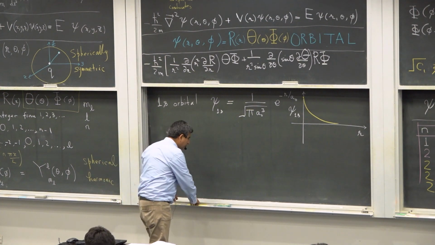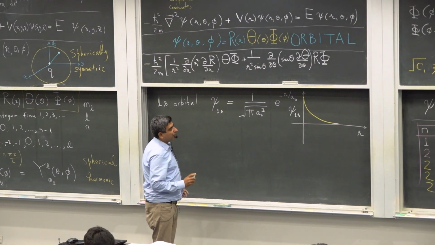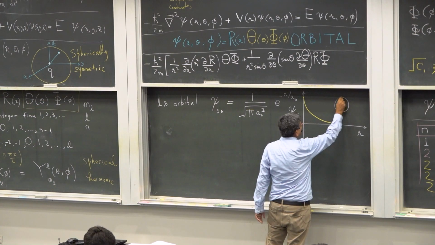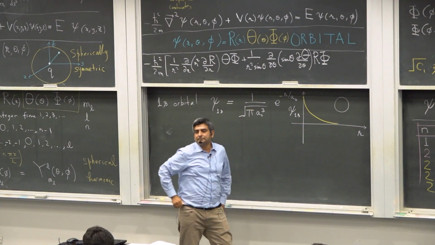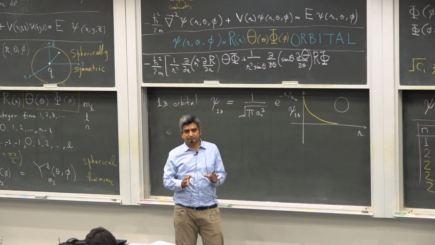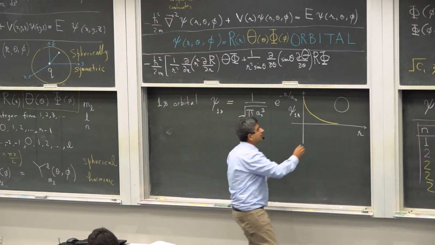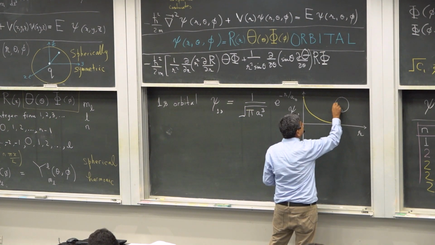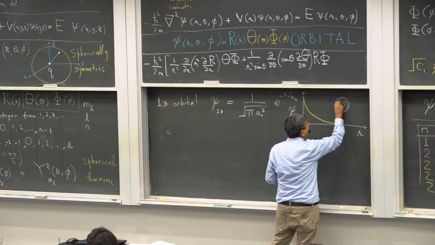So when one would like to draw a 1s orbital, this is what generally is drawn. Sometimes you would like to put this in a cloud format, an electron cloud.